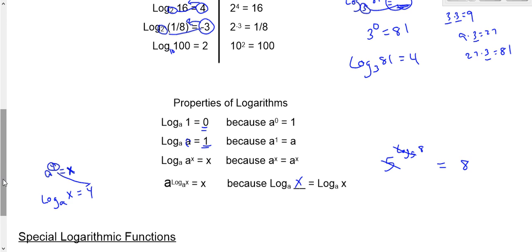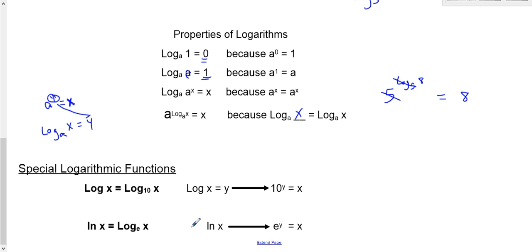Okay? All right, let's look at some special logarithmic functions. I just mentioned if I have log of x, that's the same thing as log base 10 of x. And if I were to write that in exponential form, that would be 10 to the y equals x. ln, natural log of x, is log base e.